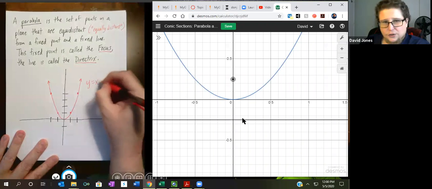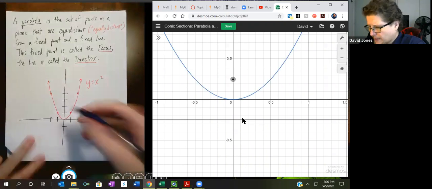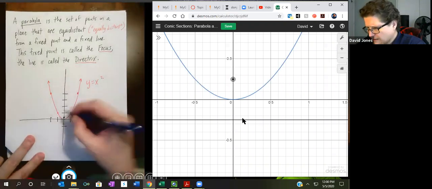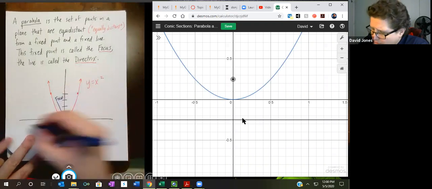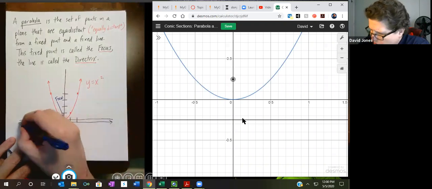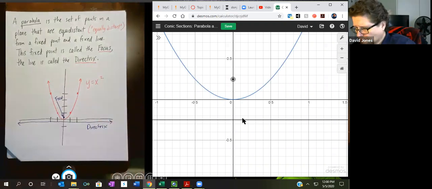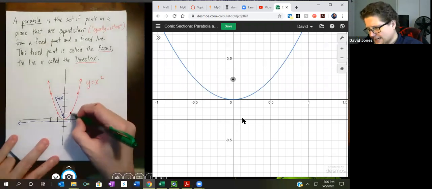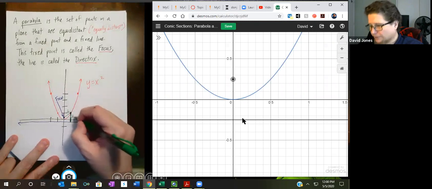This is y equals x squared. The focus is right there. And this is the directrix right here. So the idea behind it is if I connect this point here down to here, let's say that's D1.